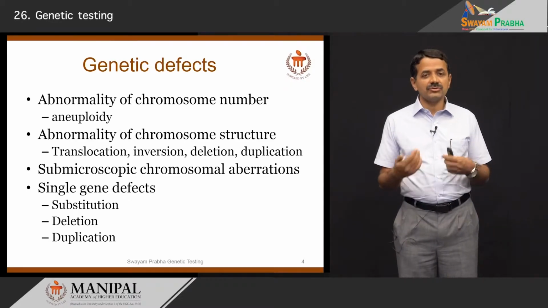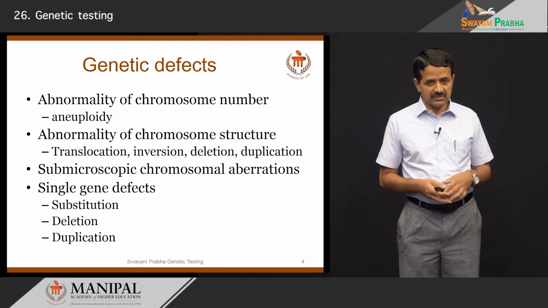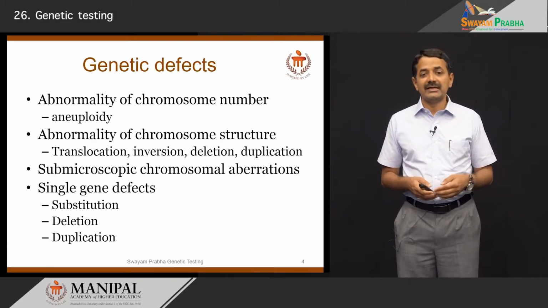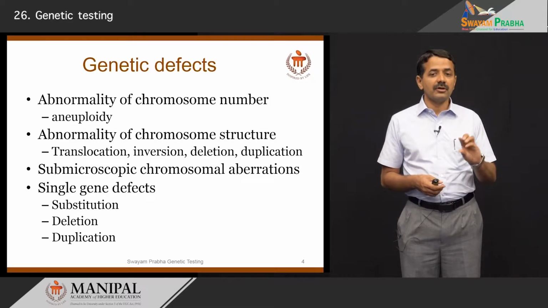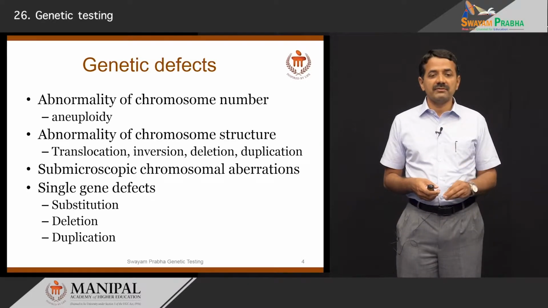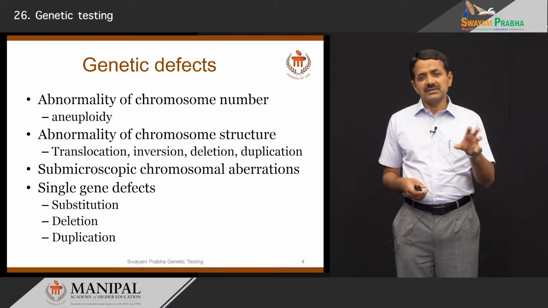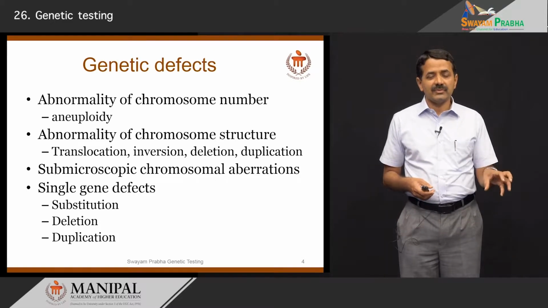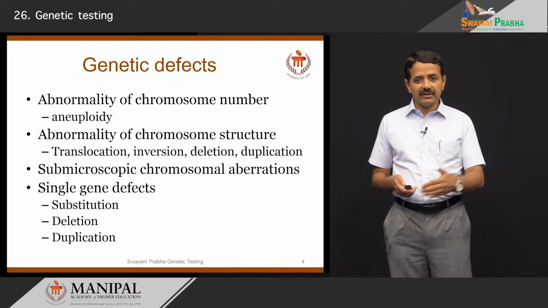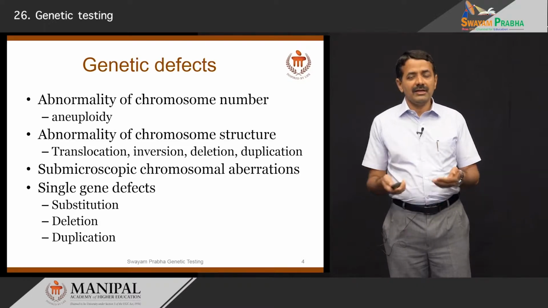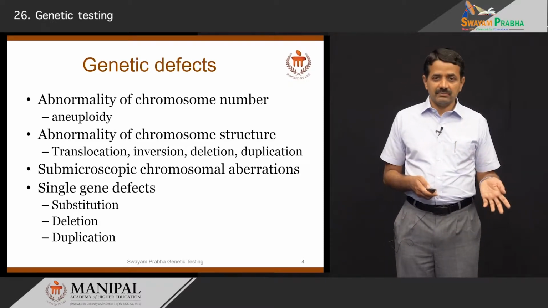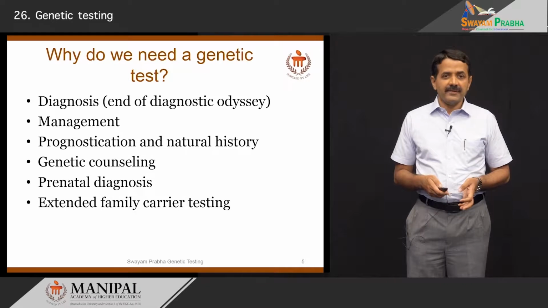Single gene defects, most commonly substitutions and rarely deletions and duplications, account for mutations or pathogenic variations within a single gene. So, this is a list of genetic abnormalities that cause disease, and now I will tell you how we detect them by genetic testing.